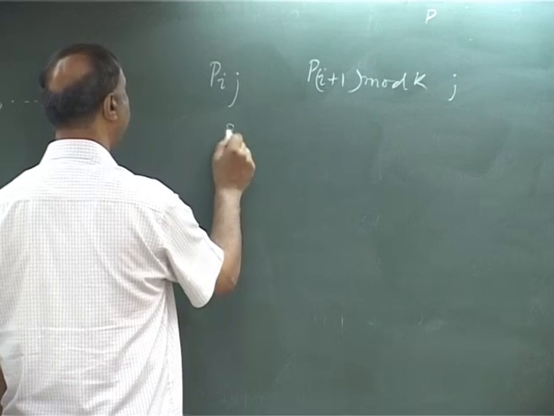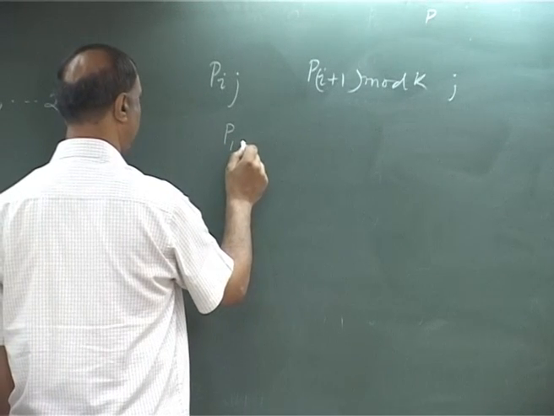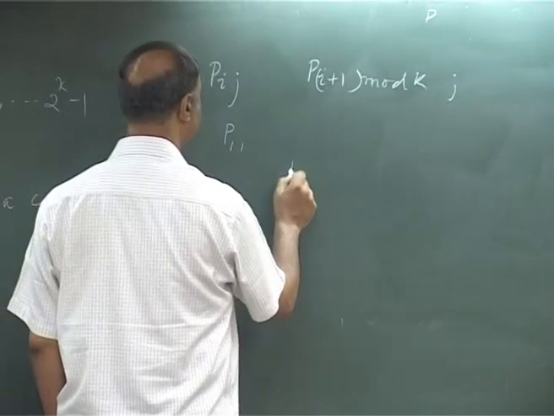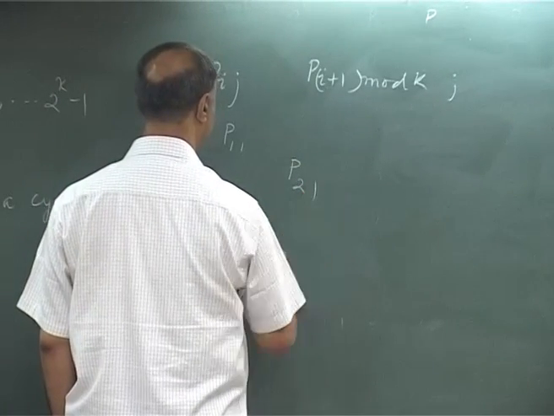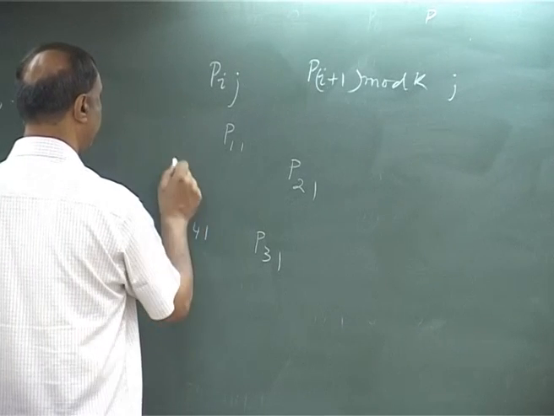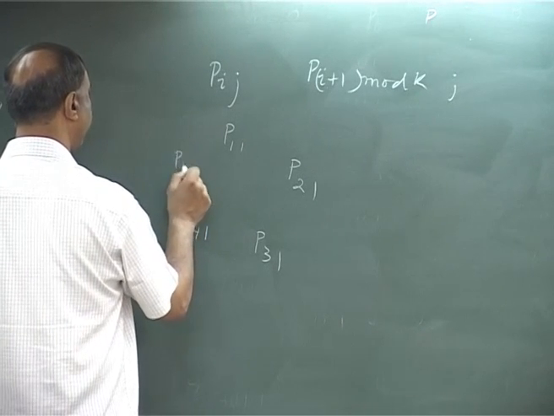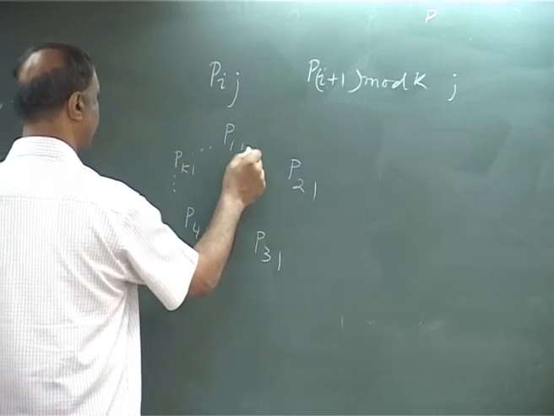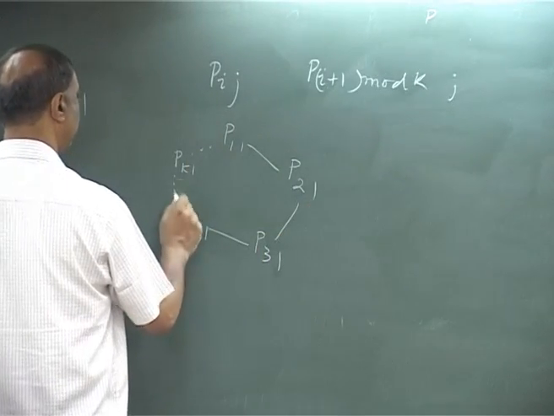I have P1 1, P2 1, P3 1, P4 1, Pk 1. So this forms a cycle.